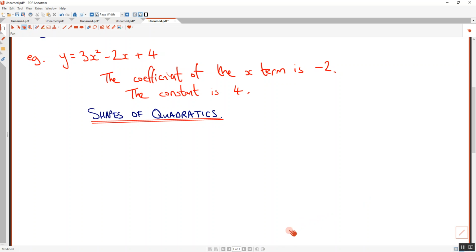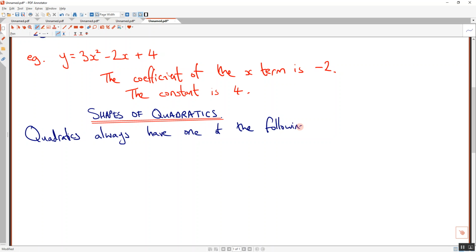Quadratics always look like one of the following shapes.